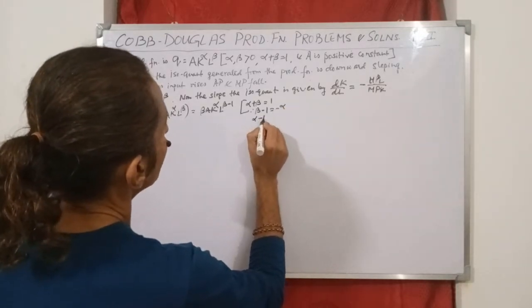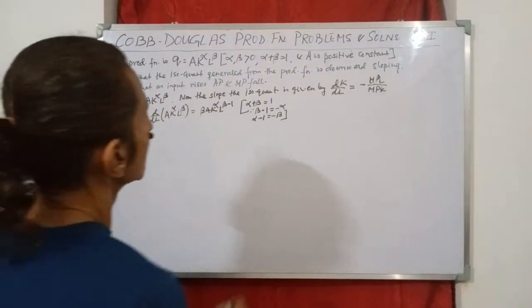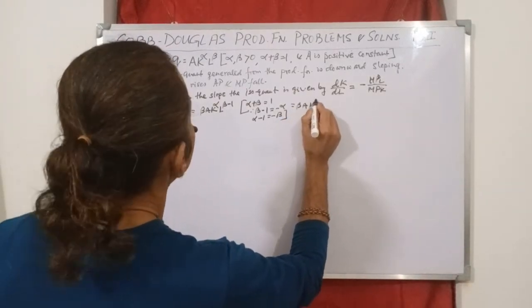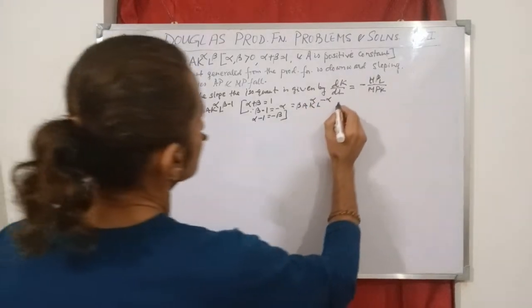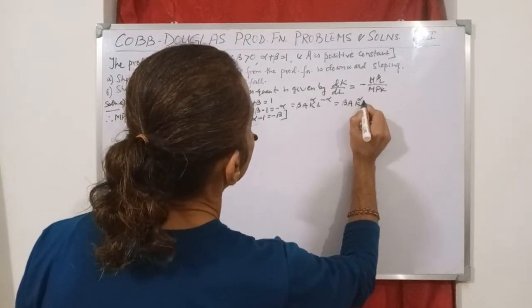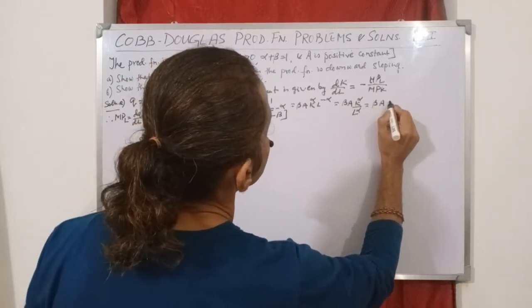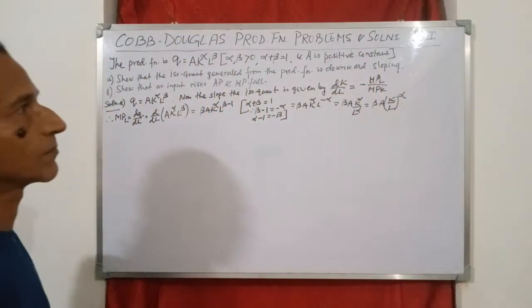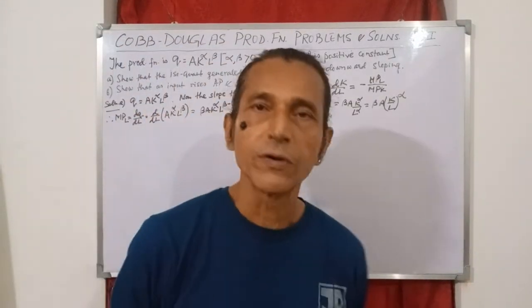Similarly, alpha minus 1 equals minus beta. Right? So this becomes beta A K to the power alpha, L to the power minus alpha, which is beta A K to the power alpha divided by L to the power alpha, equals beta A (K by L) to the power alpha.